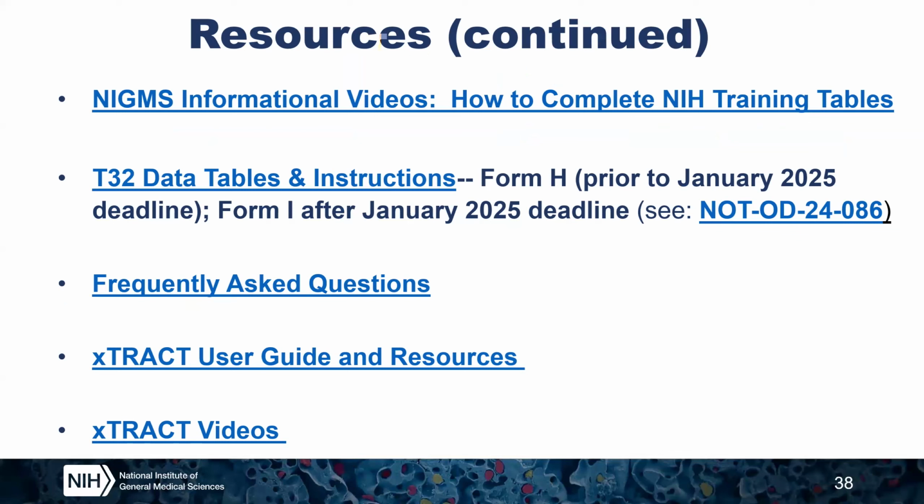There are T32 data tables and instructions, and as a reminder, applications submitted prior to the January 2025 deadline are supposed to be submitted using Form H, and applications after the January 2025 deadline are to use Form I. We also have resources related to frequently asked questions, extract user guide and resources, and extract videos.